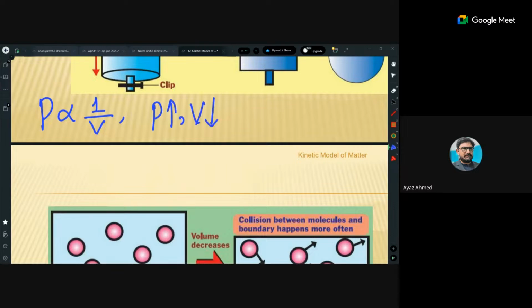So we generally say that pressure in state one equals a constant divided by V, any constant times 1 upon V. When I say pressure is inversely proportional to volume, I can say it equals K into 1 upon V. Do you agree?